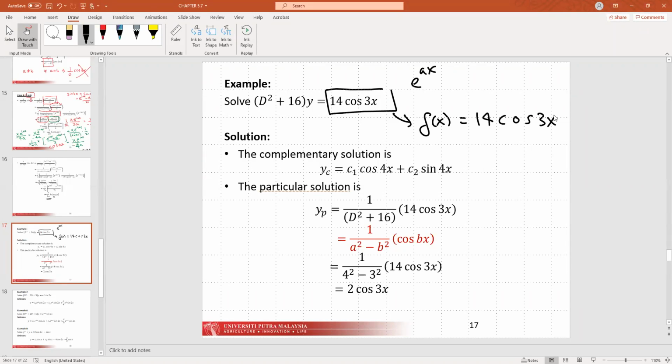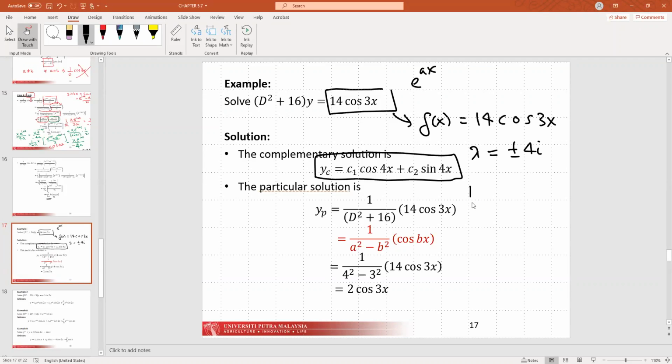So dia tak ada, so kita tak perlu risau tentang nilai apa? EAX times fx. Okay, complementary solution. Awak dah tak ada masalah dengan complementary solution because the complementary solution is just y equals to plus minus 4i.